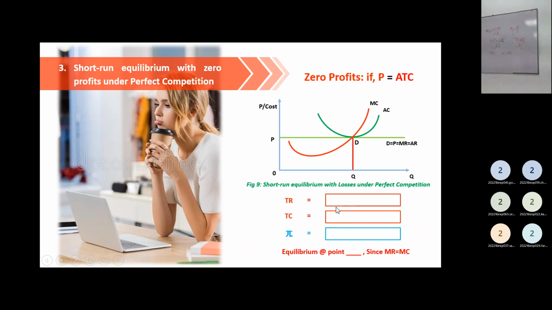Your total revenue is PD Q0, and your total cost is also PD Q0. Do you have profits? Zero.